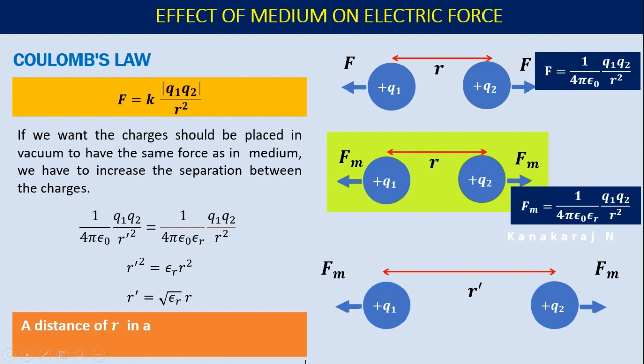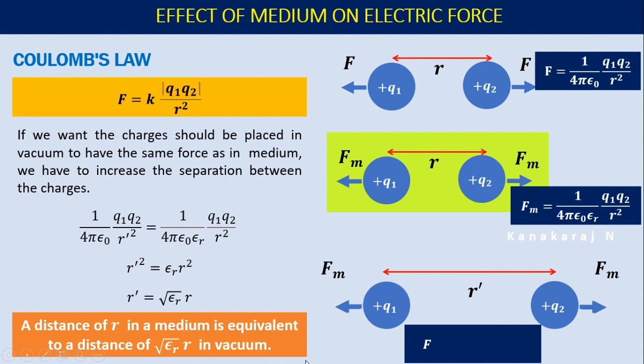A distance of r in a medium is equivalent to a distance of root of epsilon r times r in vacuum. So Fm equals 1 by 4 pi epsilon naught Q1 Q2 by r prime square.